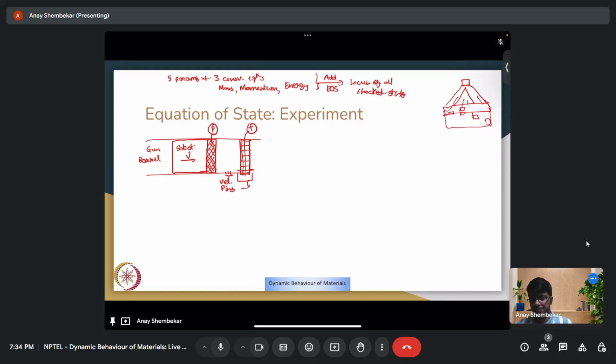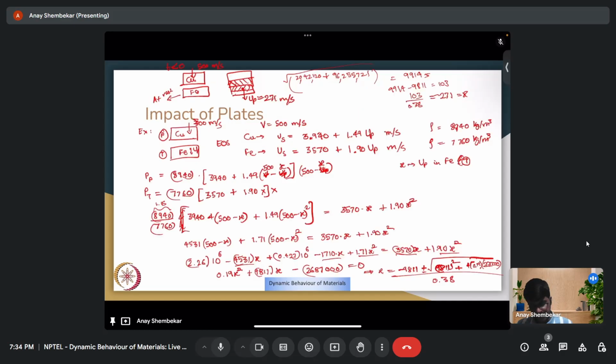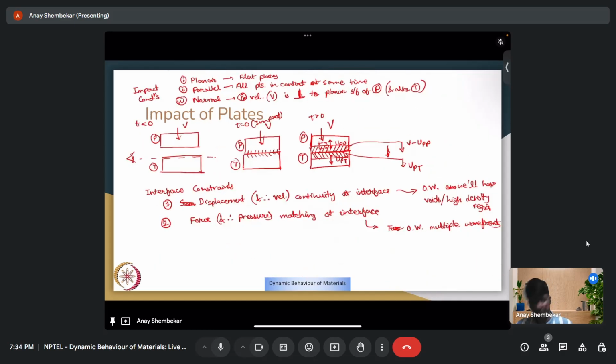Okay, so how do we proceed here? So v is basically your impact velocity. From the previous experiment, from this analysis, we have already seen a projectile P with a velocity v impacting a target T, which was initially at rest.